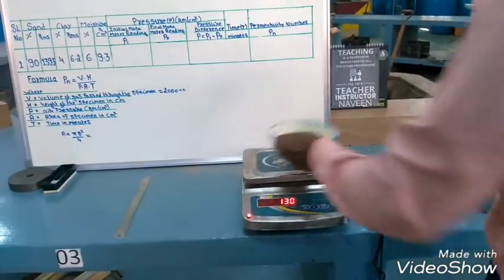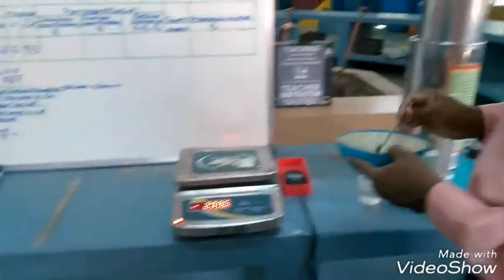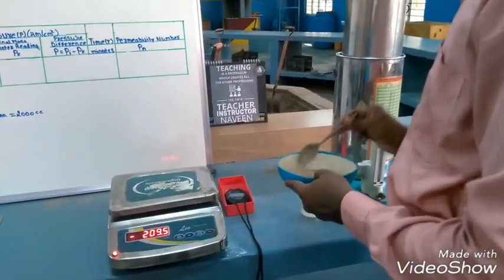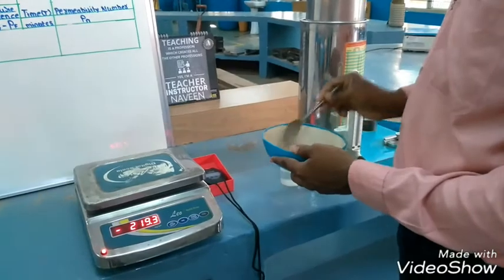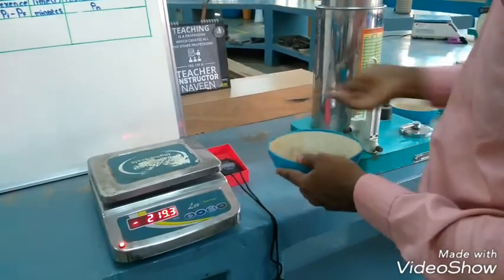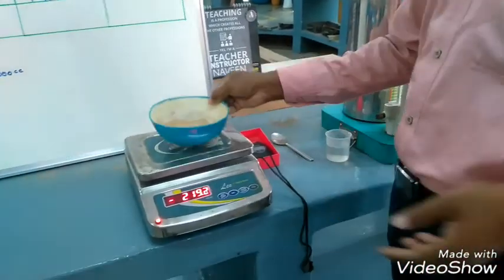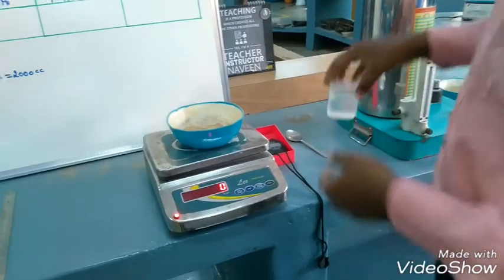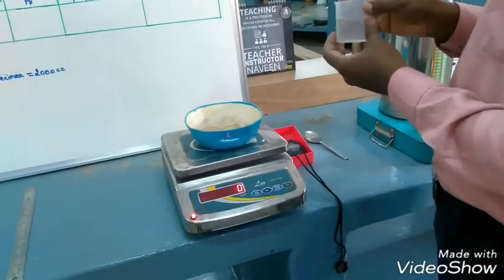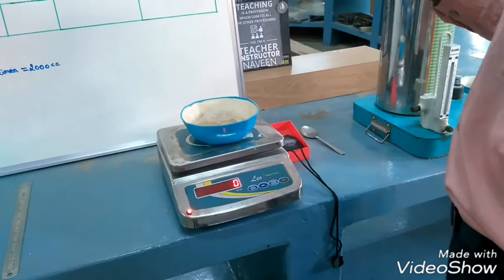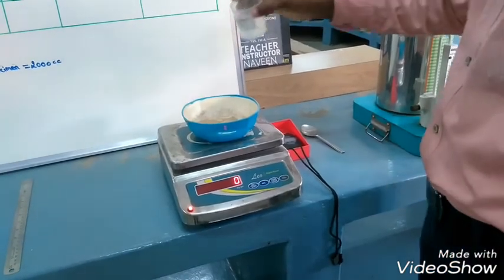Now sand and clay, we want to mix this properly for minimum 3 minutes. Now sand and clay is properly mixed. Now mix the moisture. The moisture is 6%, which comes to 9.3 ml. We can take it in grams also.